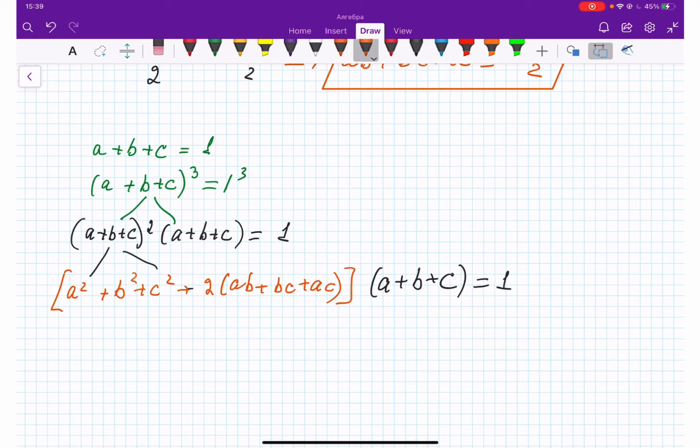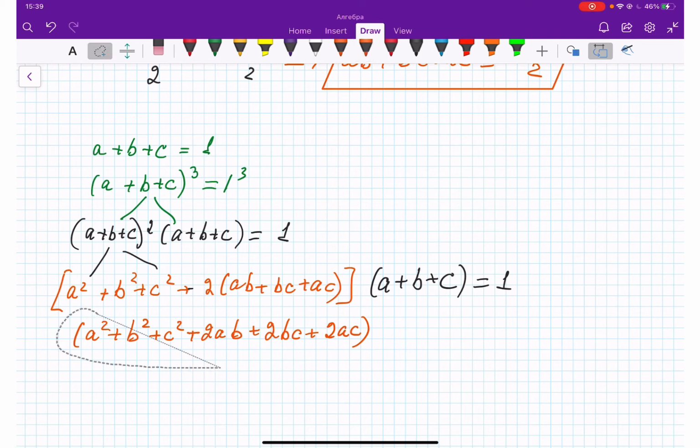Next step, I'm getting rid of parentheses in the square bracket, and that is going to be A squared plus B squared plus C squared plus 2AB plus 2BC plus 2AC. So let me move this a little bit on the side.